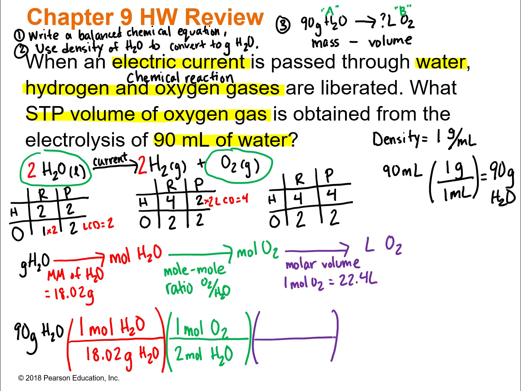The last piece, we have to get from moles of oxygen to liters. That means from our unit equation, we've got to put 1 mole on the bottom. That means it will cancel out, and 22.4 liters of oxygen at the top. Make sure that your units cancel. That's why it's always good to write a plan, because you know what units you're looking for when you set this up.